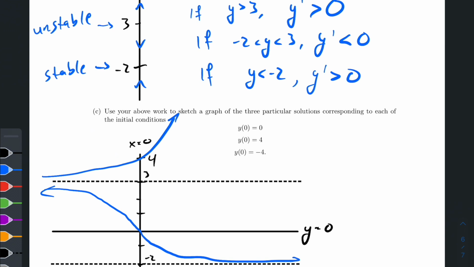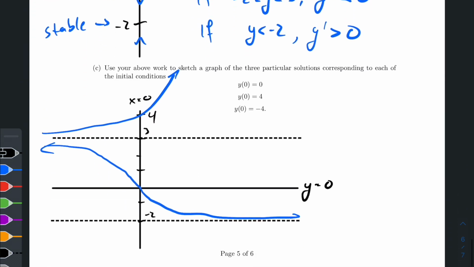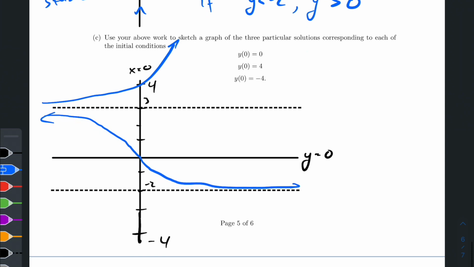If it's positive, it's going to look like that. This is positive, so it's going to look like that. What was it? y of 0 equals negative 4. Here's negative 3. Here is negative 4, so it has to cross through there. Good enough. So it looks something like that, right?